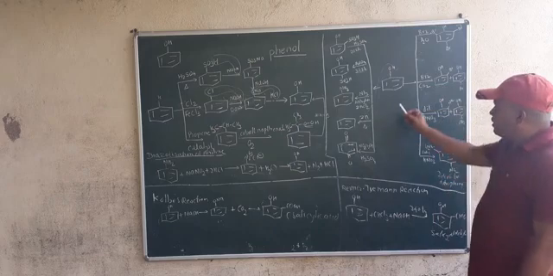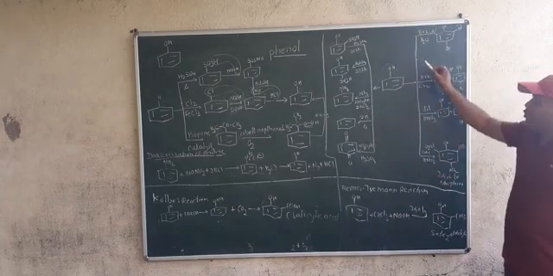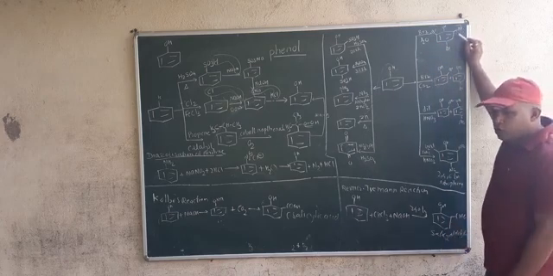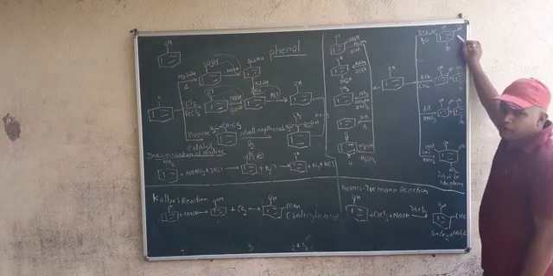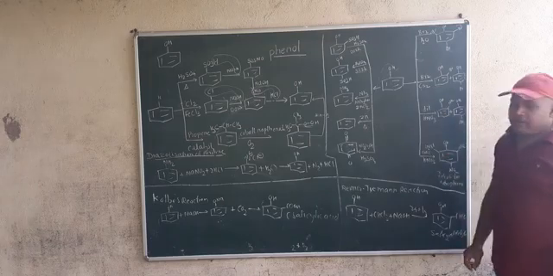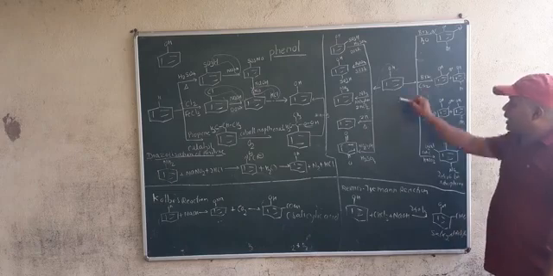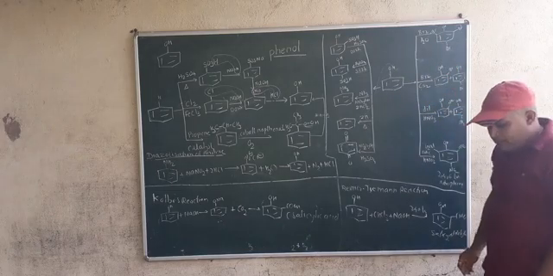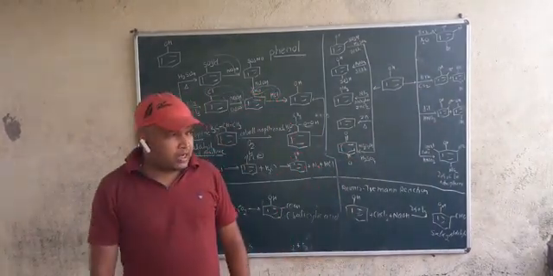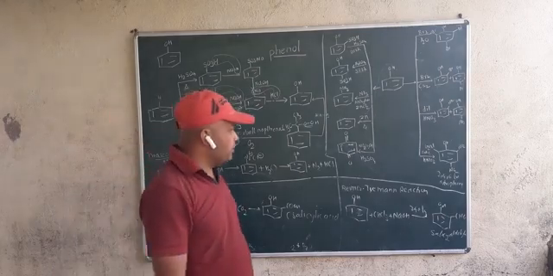Okay. Same way, when phenol is treated with bromine. Now here you see bromine in water. If it is bromine in water, you will get 2,4,6 tribromophenol. And if it is an organic solvent, that is CS2, carbon disulfide, you will get one ortho product and one para product.